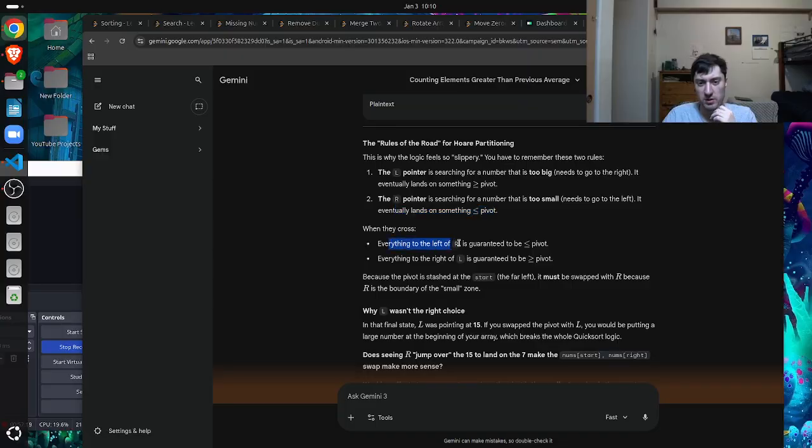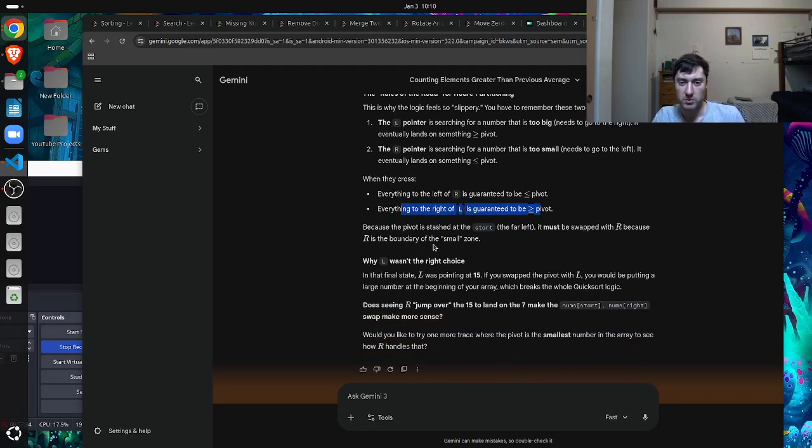When they cross, everything to the left of R is guaranteed to be less than the pivot. Okay? Everything to the right is guaranteed to be larger than the pivot, okay? Because the pivot is stashed at the start, the left must be swapped with right because right is the boundary of the small zone, okay? Okay.